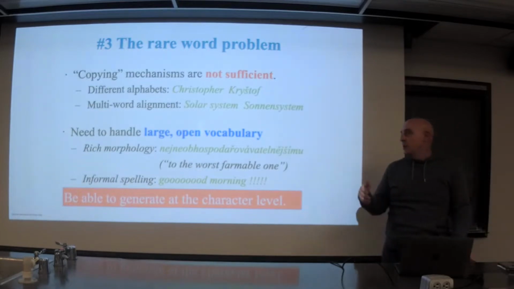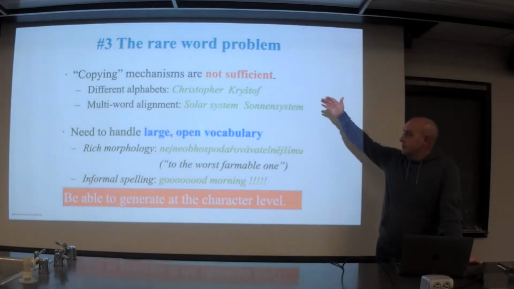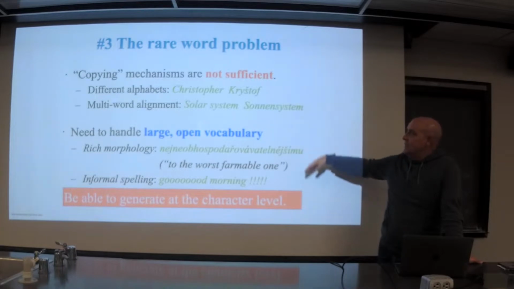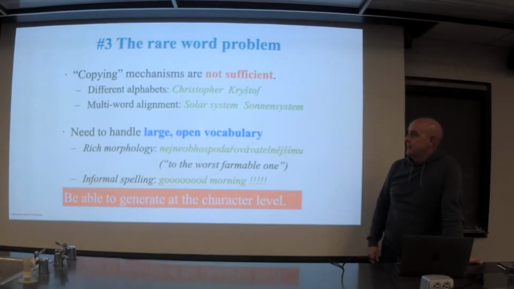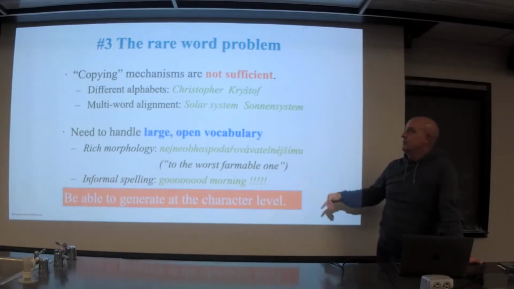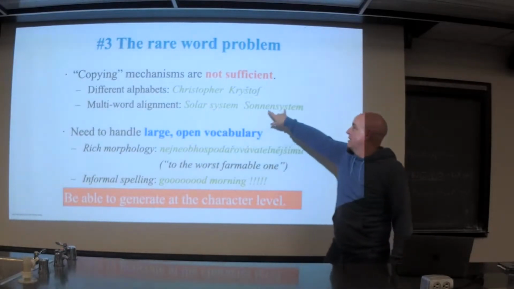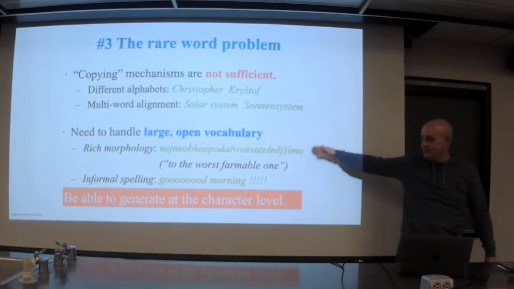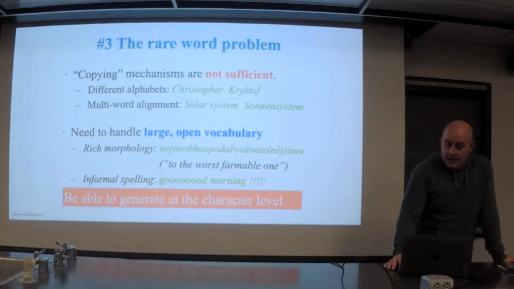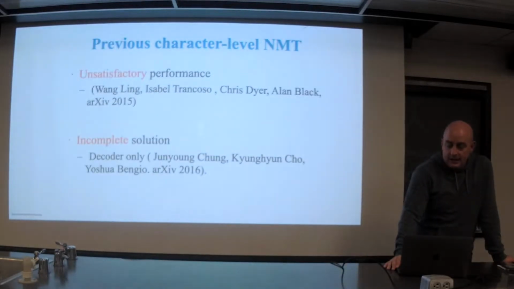We want to be able to do well on even these kinds of difficult aspects of translation, right? Like solar system, it's two words in one language, it's a single word in another one, whatever this crazy thing is here. So how do we do that?